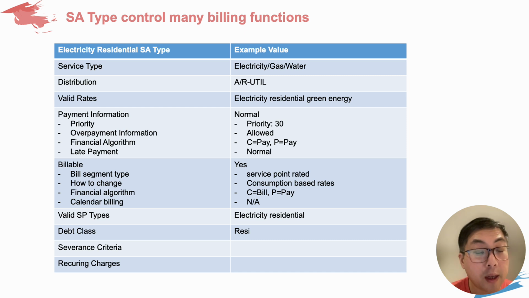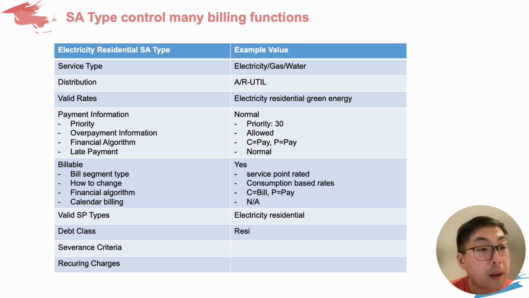Distribution could be account receivable, utility, because distribution actually defines when the financial transaction is generated, how it is distributed to a GL. Okay, and value rates, which means which rates can be assigned to this service agreement. So for electricity residential, what is the possible rate, and what is the default rate?